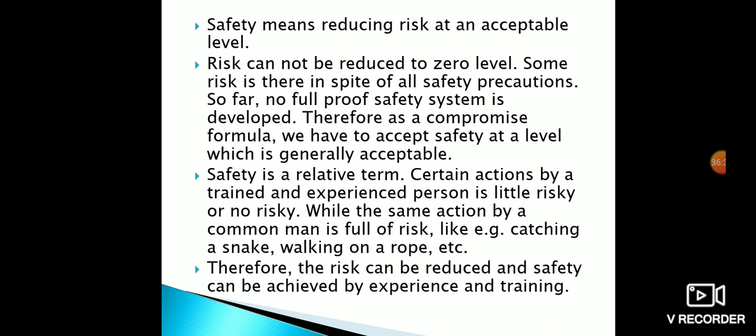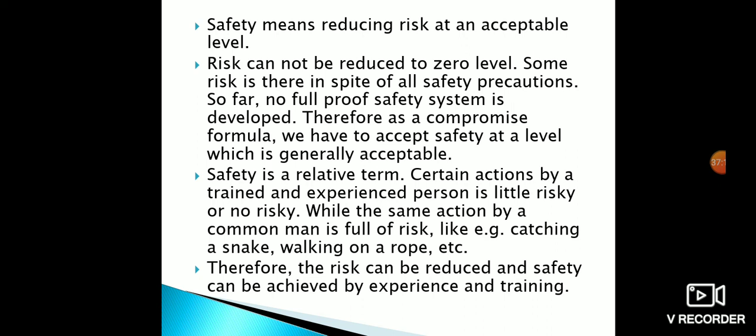For example, catching a snake, walking on a rope, etc. If a trained or experienced person is there, they can catch a snake very easily and very safely. But if the person is not experienced or well trained, it will be hazardous for him to catch a snake.